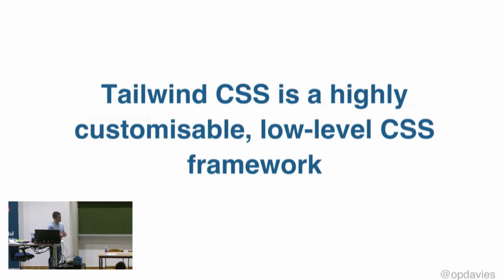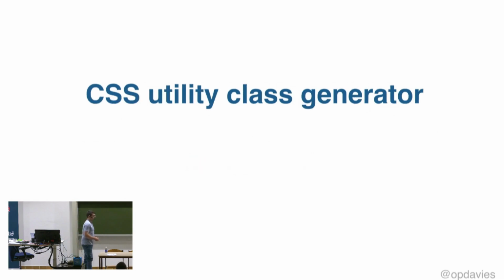So Tailwind CSS is a highly customizable, low-level CSS framework. It's a framework that is built on this utility-first class approach. And I keep saying utility first because you can write CSS if you need to, sometimes you need to, but it's about using these utility classes in the first instance. I tend to think of it as a CSS utility class generator.